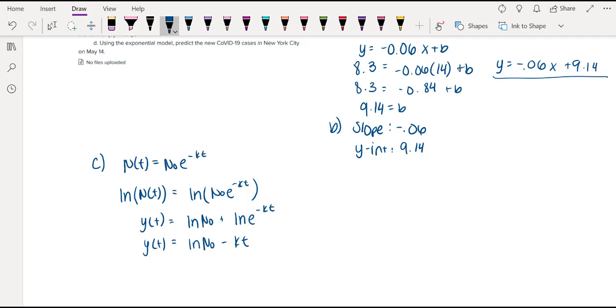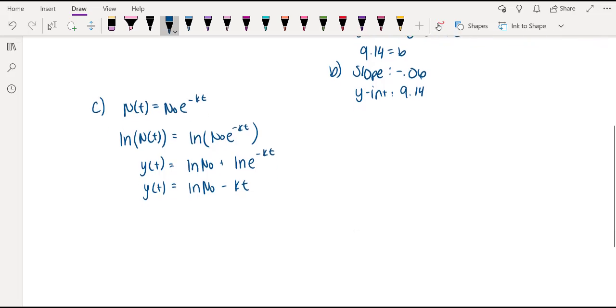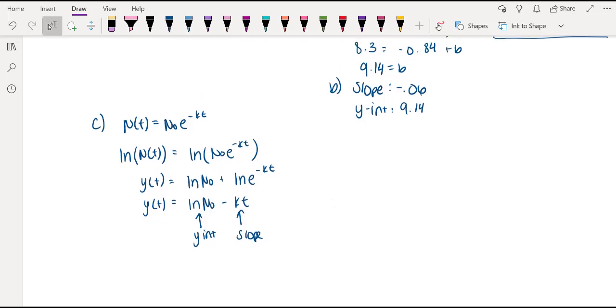Wow, so now we have something that looks a lot like a linear equation. We have y equals ln of N naught, that's just some number, minus kt, where t is time. So this is actually our y-intercept, and this k is our slope. Our y-intercept we remembered from before was 9.14, and our slope is negative 0.06.